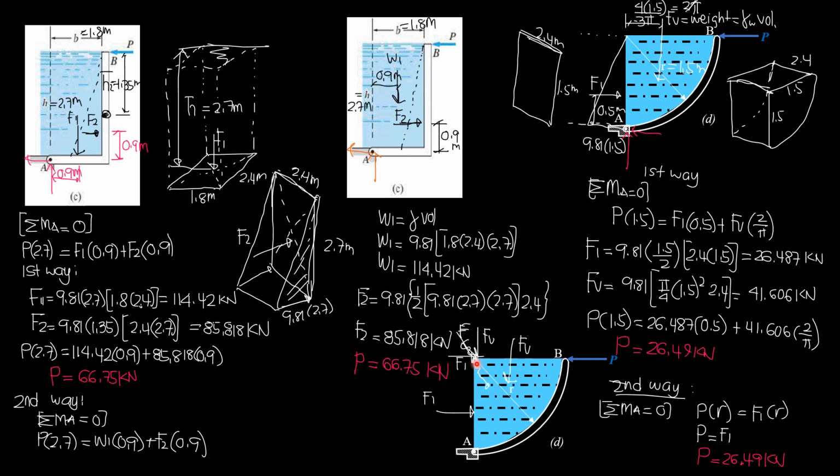So that's the principle in statics. If you stick to the first solution, then you may, but the second solution is simpler. So P times R equals F1 times R, cancel R, so P is just F1. But F1 is 26.487, to 4 significant figures 26.49 kilonewtons, which is the same as that. So that's it, because the video is now long.